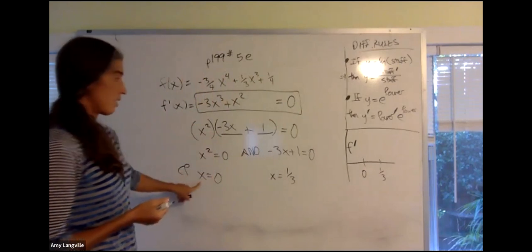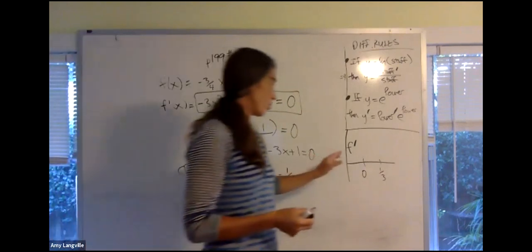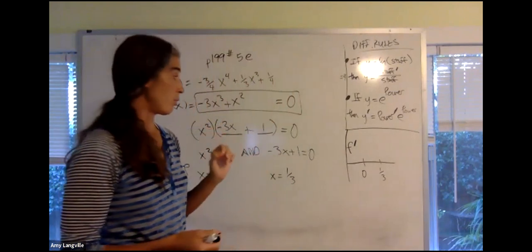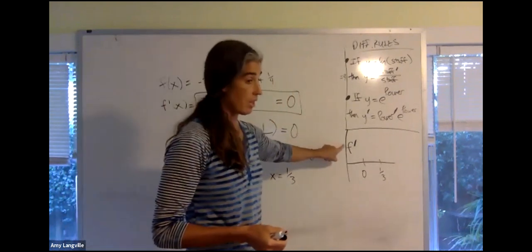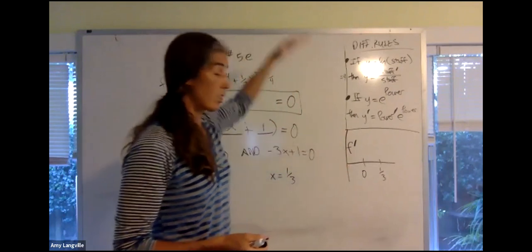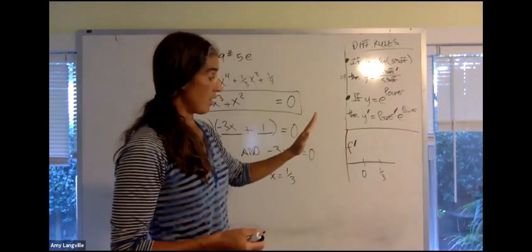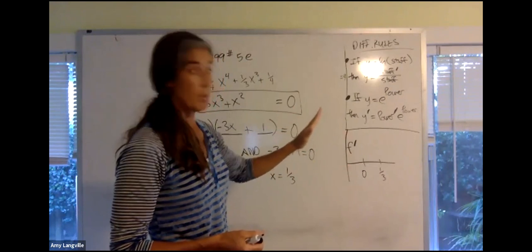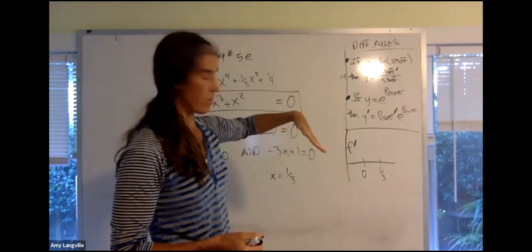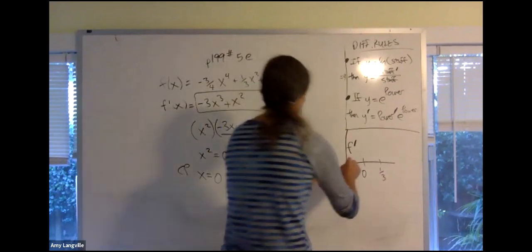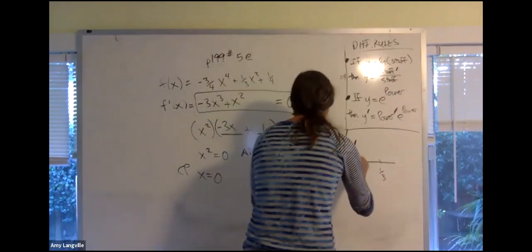Okay, so then that divides our number line into 1, 2, 3 intervals. I pick a point from each interval, plug it into the derivative, not the original function. I'm not interested in heights right now. I'm interested in rates. Is my slope positive, so then I'm increasing, or is my slope negative, so then I'm decreasing? All right, so I'm going to pick something like -1 over here, f prime of -1.